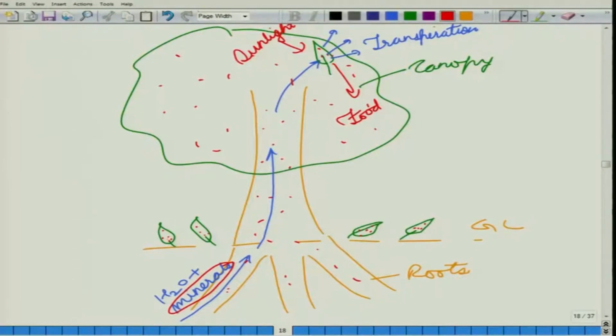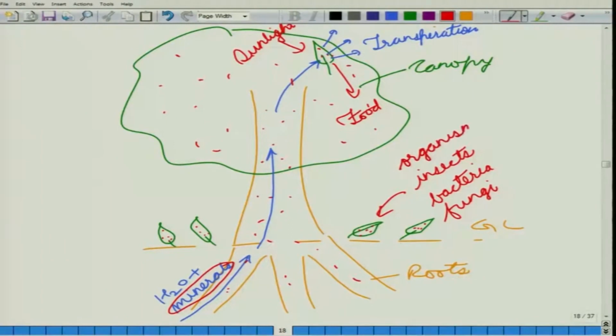After some time, these leaves would be eaten away by insects or by bacteria or by fungi or by some other organisms. And then all the energy that was there in the leaves has gone into the bodies of the organisms. All the minerals that were there in the leaves have gone into the bodies of these organisms.